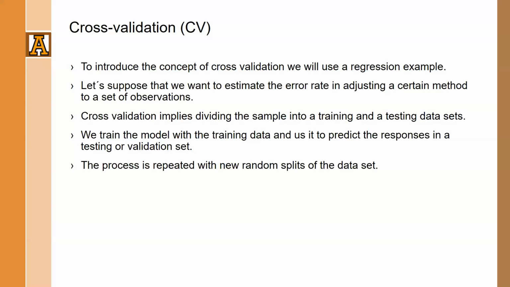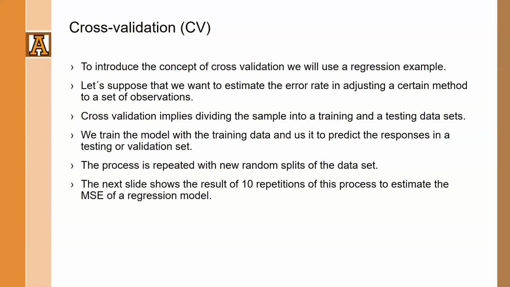Now the process is repeated with new random splits of the data set. In simple cross-validation, you do it once, but if I do it again, I select a different random seed, select a different sample, and test it. I can do that many times. Now we're going to see 10 repetitions of this process to estimate the mean square error of a regression model.